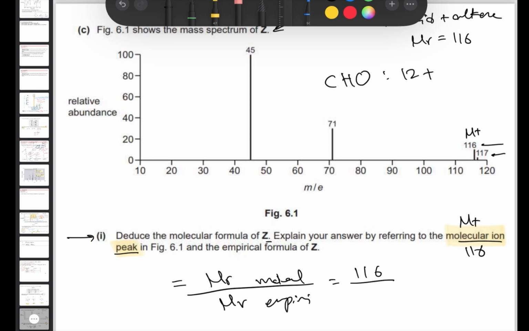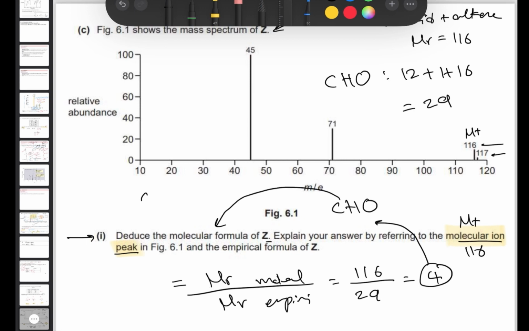It's 12 plus 1 plus 16, which is 29. If you divide this over 29, it gives you 4, which means that I have to take this 4 and just multiply it by CHO. And then the molecular formula is going to be C4H4O4.